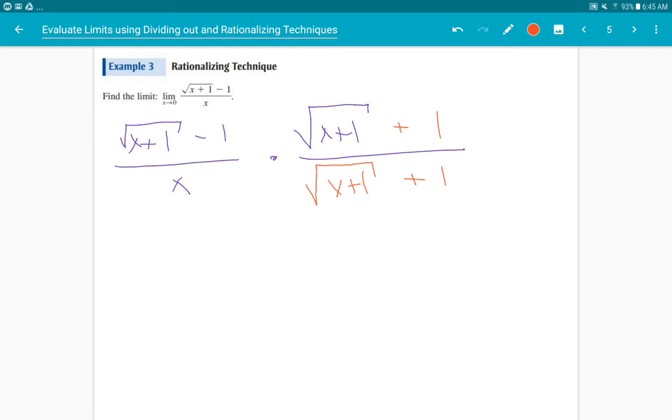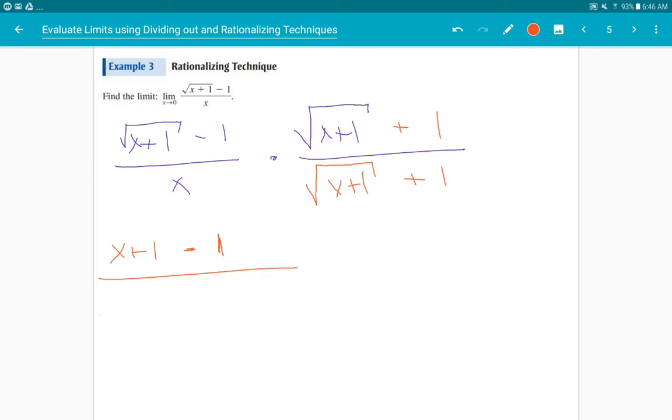When we rationalize the numerator, I'm going to have the product of the first two positions of the binomials, so that's going to be x plus 1. We're going to have plus radical x plus 1 minus radical x plus 1, so those are going to cancel out, and then I'm just going to have minus 1 in the numerator.